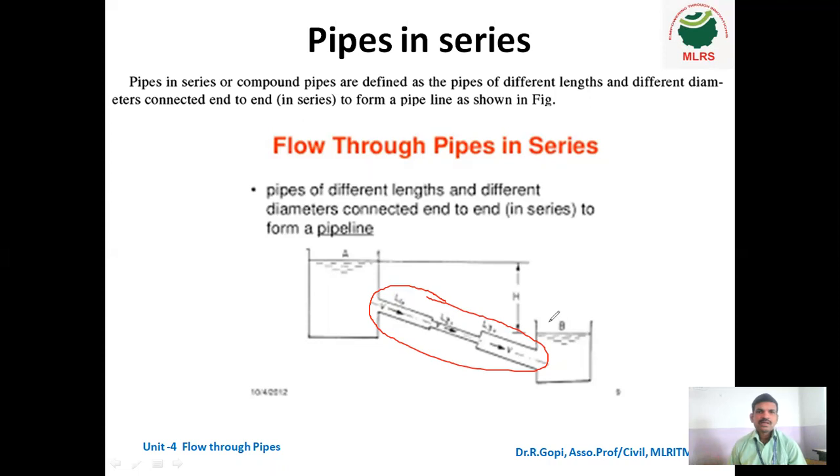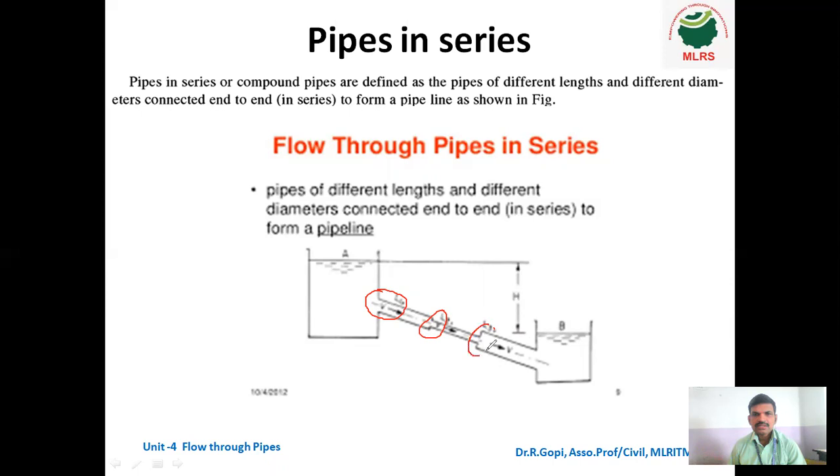Simple. Here, to calculate the rate of flow or velocity, we must include all the major losses and minor losses. At the inlet there will be a loss of head, and in the first pipe a loss of head due to friction. Then there is a loss of head due to sudden contraction, and a loss of head due to friction in the second pipe.